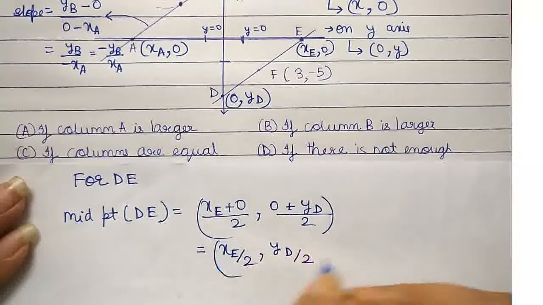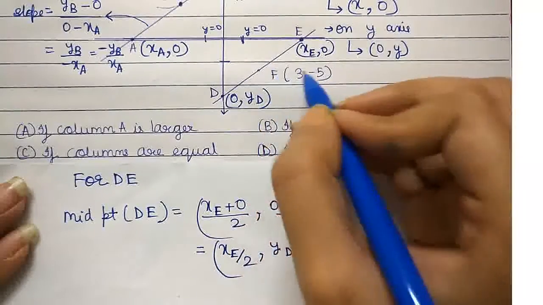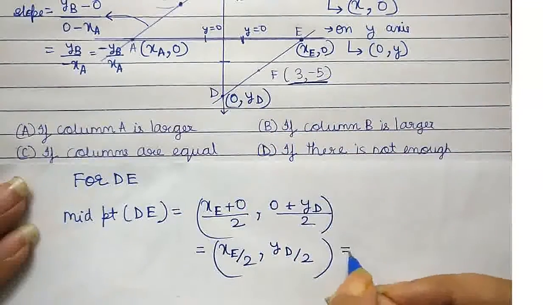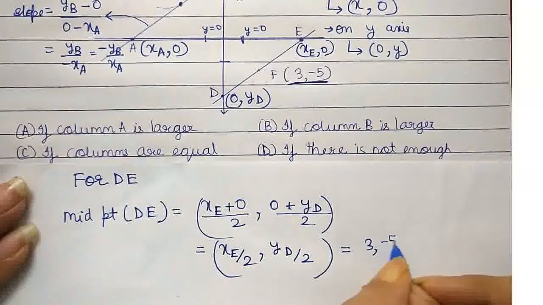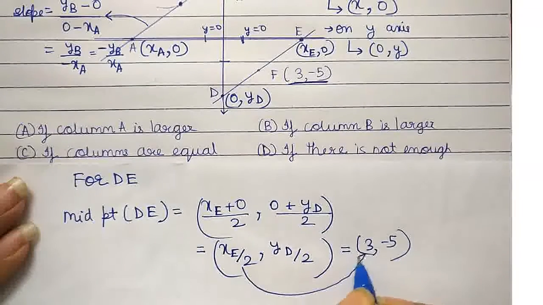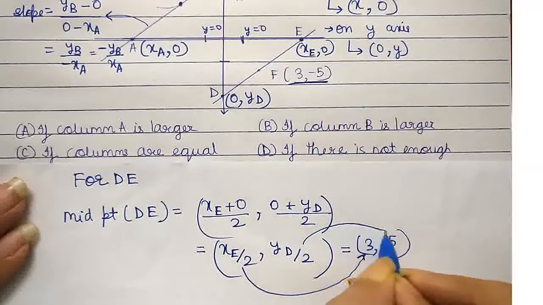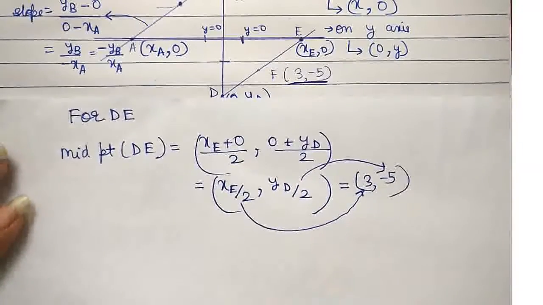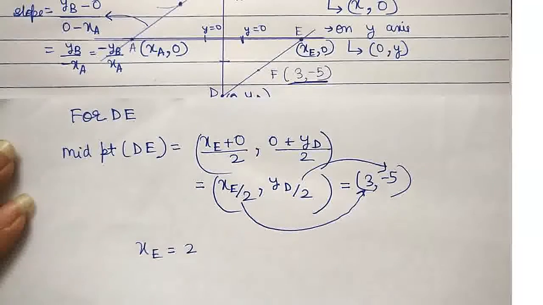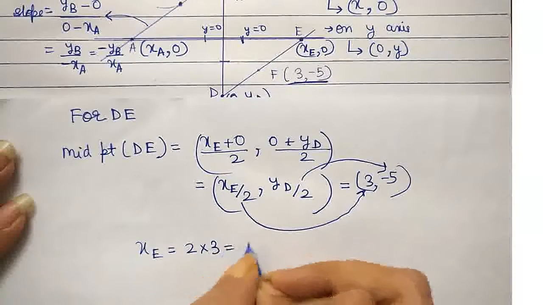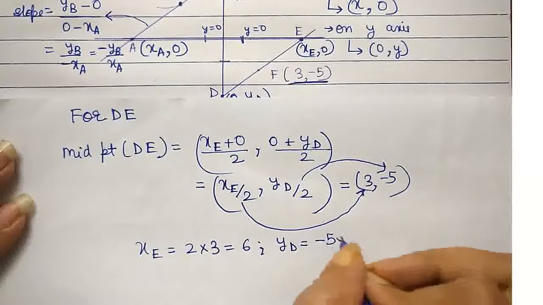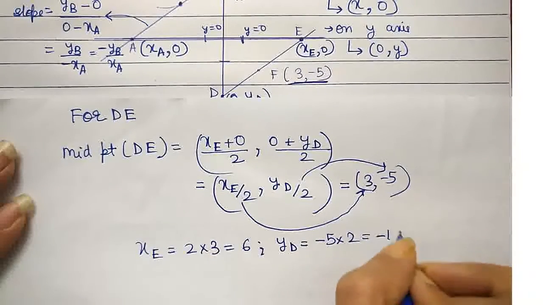But this is already given to us as F, which is 3, -5. Hence this must be equal to 3, -5. Again we will equate the x coordinate with this and the y coordinate with this, so that we get xe equals 2 into 3, that is 6, and yd equals -5 into 2, that is -10.